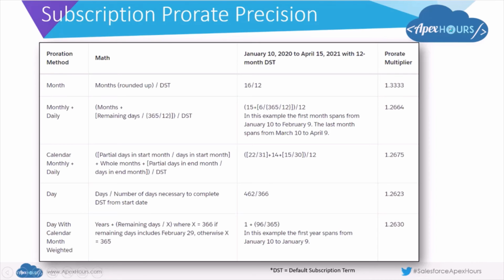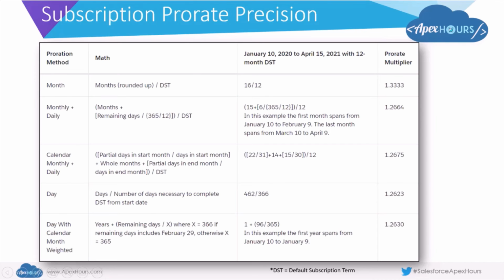So it's 366 days. If the same example was Jan 10th, 2019, it would have been 365. So it does a very precise calculation of the total number of days and comes up with a prorate multiplier of 1.623.